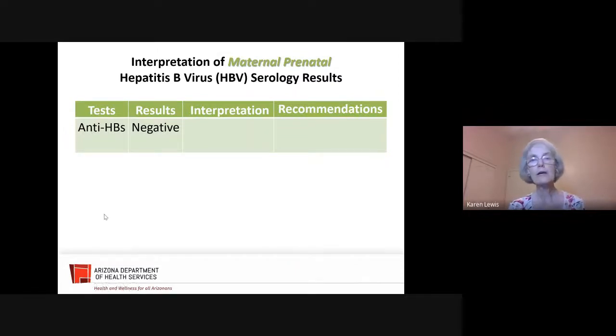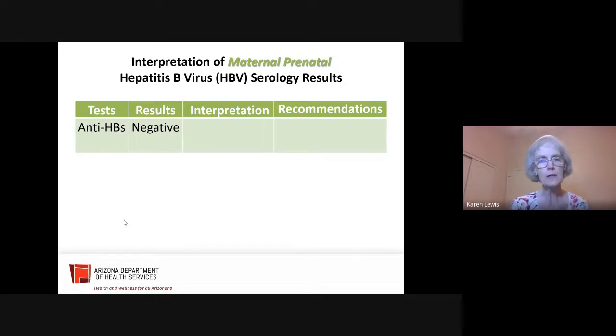Okay, so if for some reason somebody does antibody to hepatitis B surface antigen testing on a mother, there's no reason to do that unless there's a question as to whether she's been immunized in the past, if you're wanting to find out whether she has antibodies. But for routine prenatal screening it's just the hepatitis B surface antigen, though sometimes antibody is tested for.